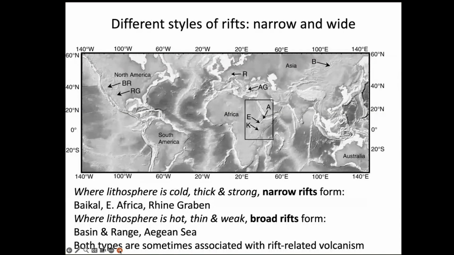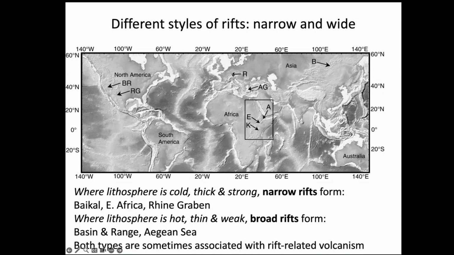All right, so there's two different styles of rifts, narrow and wide. So these reflect the strength of the lithosphere. Where the lithosphere is cold, thick, and strong, we have narrow rifts, and a good example of those would be the Baikal Rift up here in Siberia, the East African Rift here along the east side of Africa, and the Rheingraben.